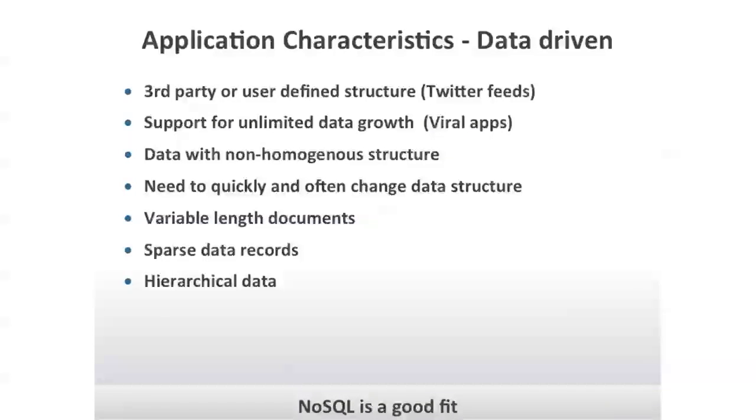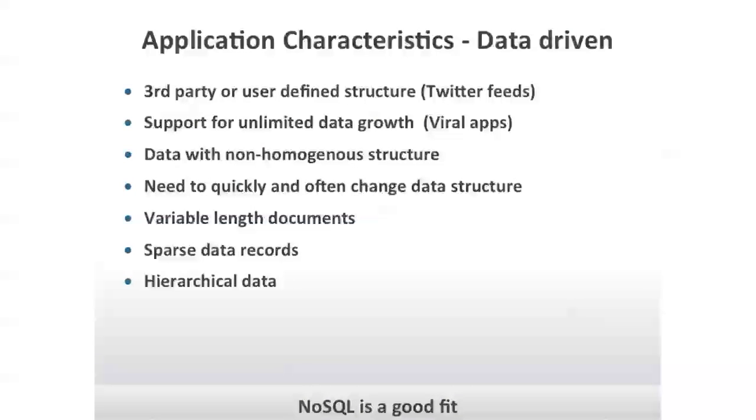The next one is supporting unlimited data growth. Let's say you are building a mobile app, a social app, and when you started this application, you had a few thousand users, but very soon, in the next month or so, you have millions of users. There's a huge viral growth of your application. In that case, if you are deployed on a traditional RDBMS kind of system, it won't scale that well.